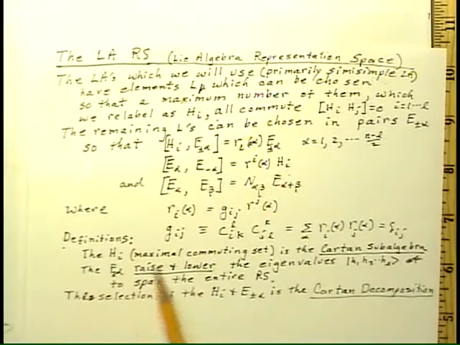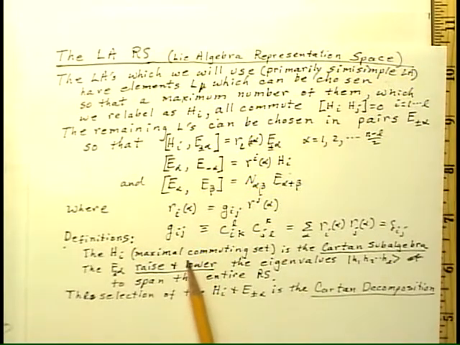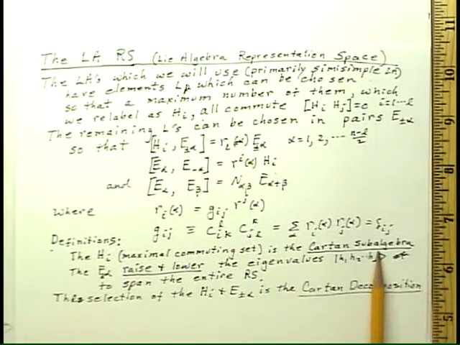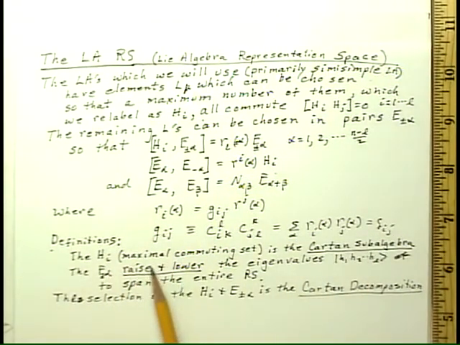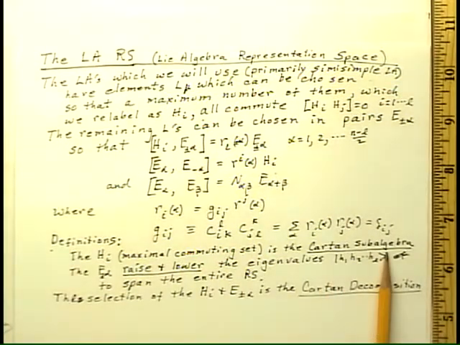The H_i are a maximum commuting set and are called the Cartan subalgebra. The H_i are the largest set which commutes out of all of the L's, and therefore it's called the Cartan subalgebra.